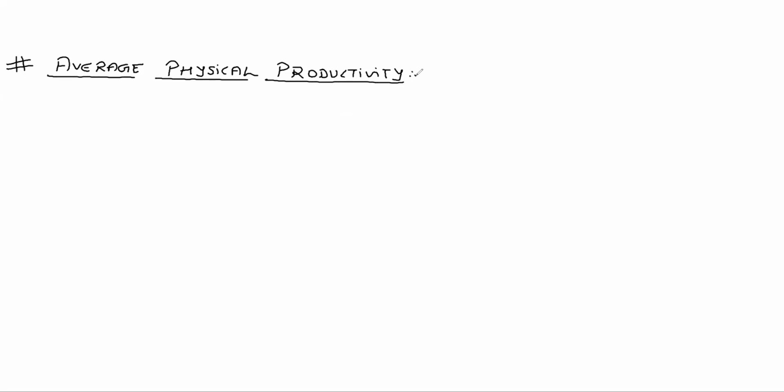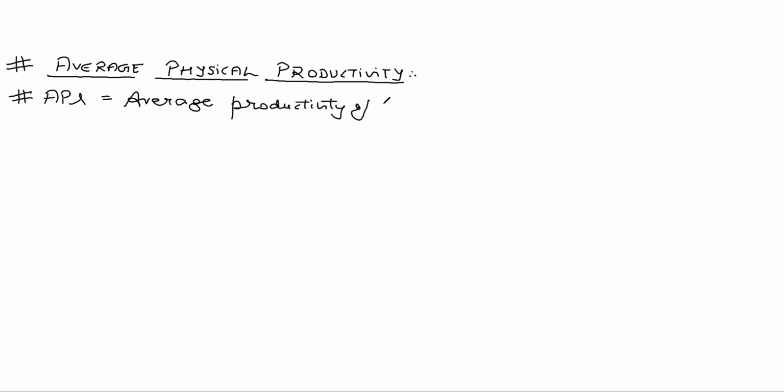So when we talk about average physical productivity, what is APL? APL is the average productivity of labor.